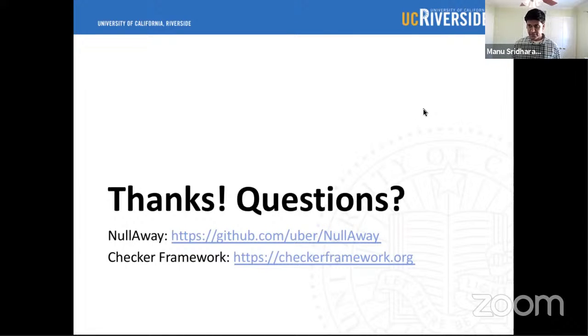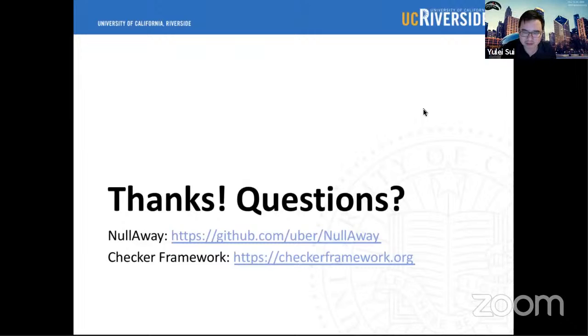Or at least maybe some of the grunt work can be done, even if some of the really tricky problems can't immediately be solved. That's work that we're actively working on, and I hope to have more results to present to you soon. But that's the solution for now: you can adopt it incrementally, one class or one package at a time, and we're hoping to have some better inference soon. Okay, thank you.